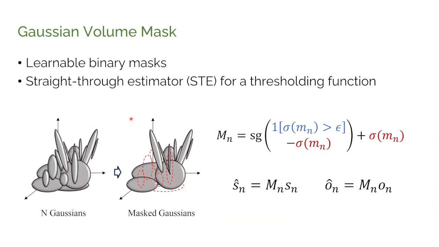It's basically a non-order mask, and we use a traceable estimator to make it differentiable, so it's going to be end-to-end trainable. And we have used the information of opacity and scale. Opacity is about how much each Gaussian contributes to the rendering, and scale is about the size of the Gaussian. So both pieces of information are quite important to figure out which Gaussians are important.